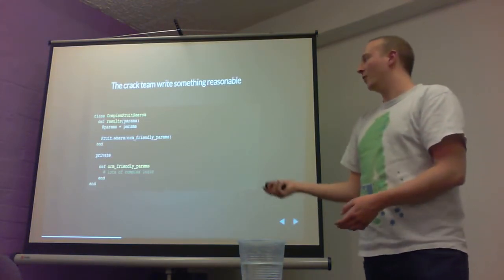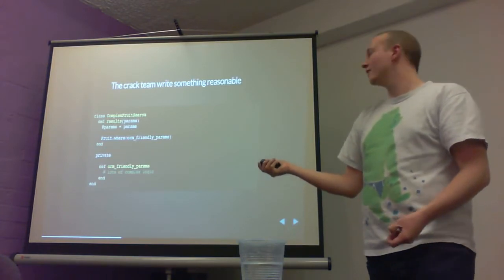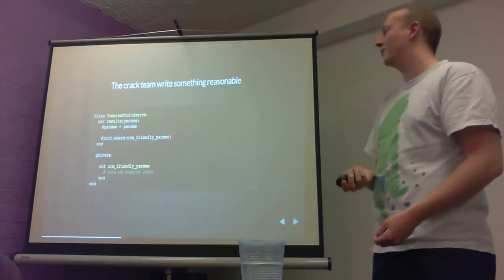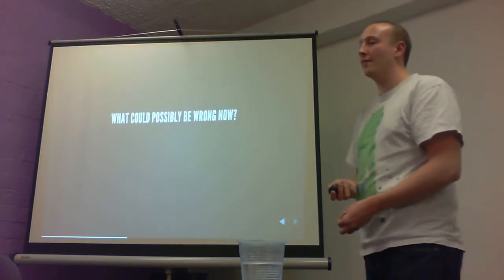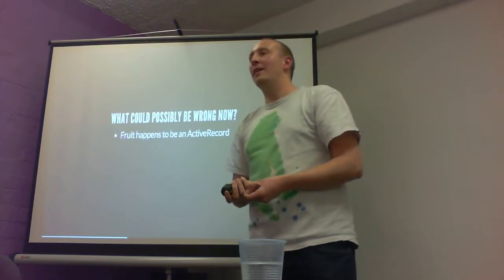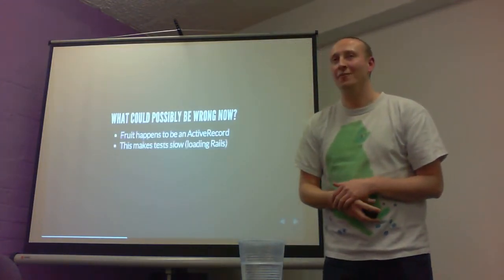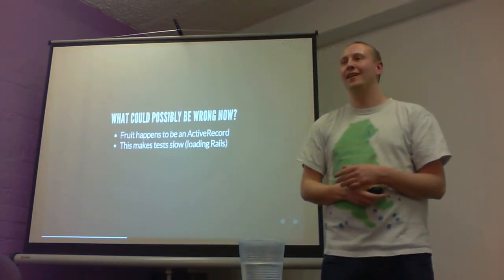And it looks reasonable, apart from, again, there is a hard-coded dependency in there, which is Fruit. Now, Fruit in a fruit search, you might think that's pretty harmless, but as we'll see, there are genuine problems with it. Fruit happens to be an ActiveRecord, which makes testing slow. Whenever I want to test this, I have to wait 5 seconds.